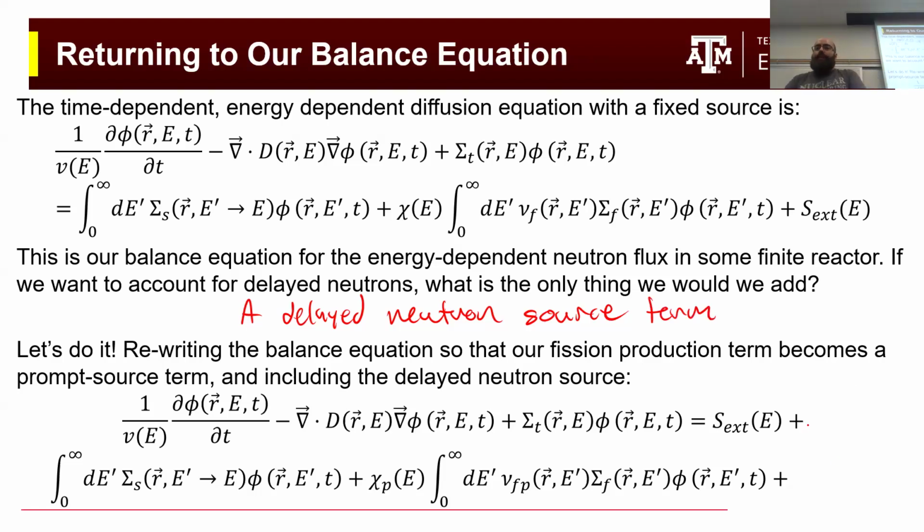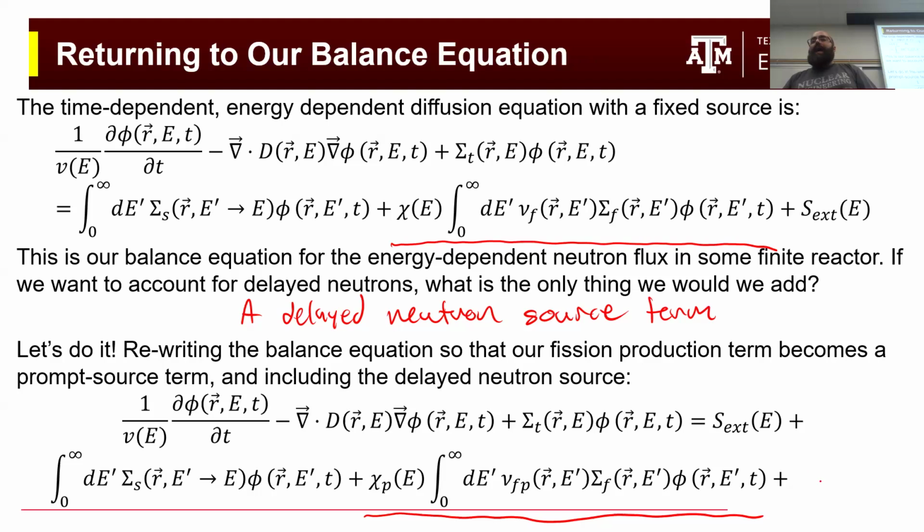So along with our fission production term, we're now recasting that term such that we're separating out the prompt neutrons from the delayed neutrons. This term that we were treating as a prompt term, we're now explicitly saying is the fission spectrum of prompt neutrons emitted from our fuel, and this is the number of prompt neutrons emitted per fission.